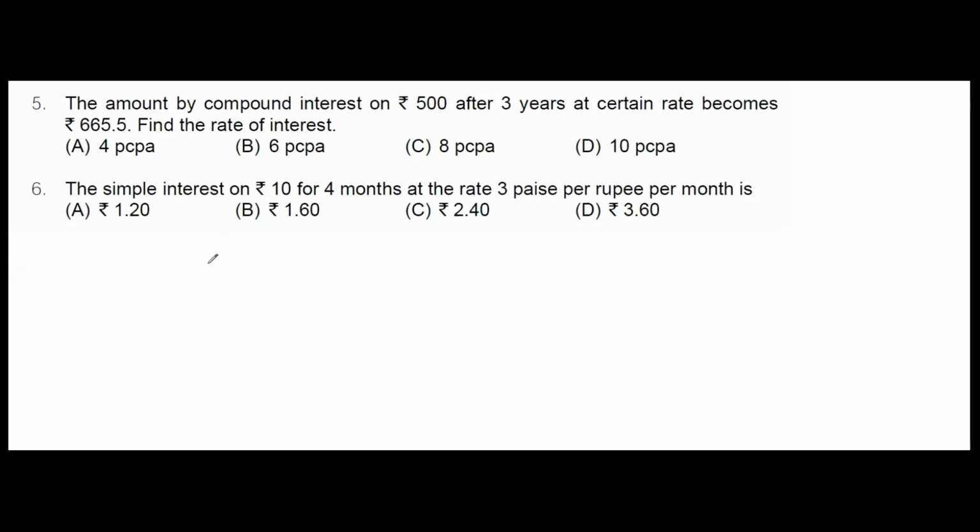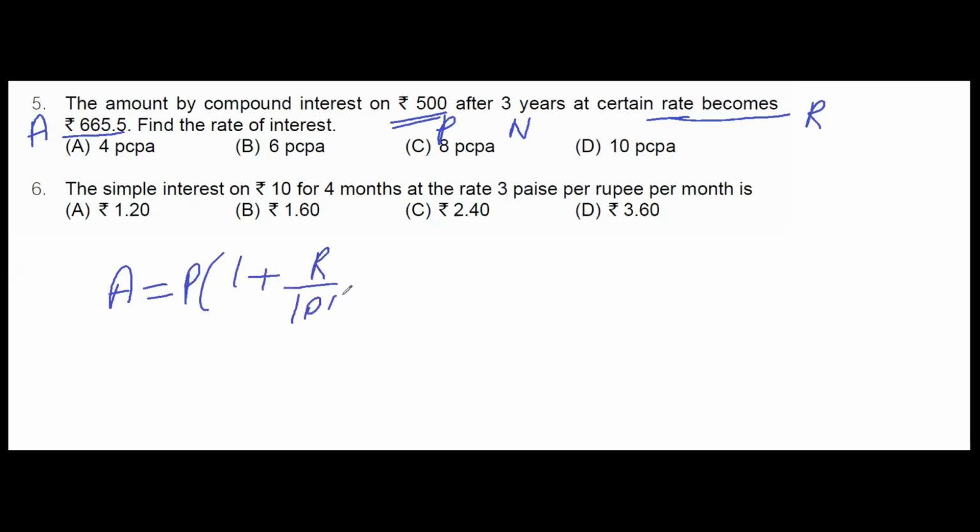Okay, the amount of compound interest on 500, means this is your principal, after 3 years. So this is your n or T, at a certain rate, becomes 665.5. So I don't know the rate. This will be my amount. I am going to substitute these values in the formula A is equal to P 1 plus R upon 100 whole to the power of n.